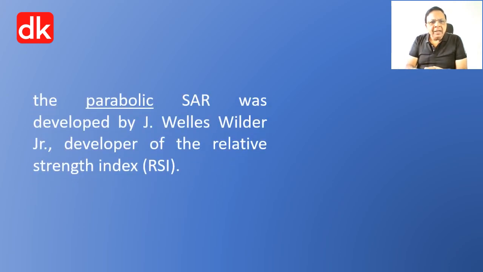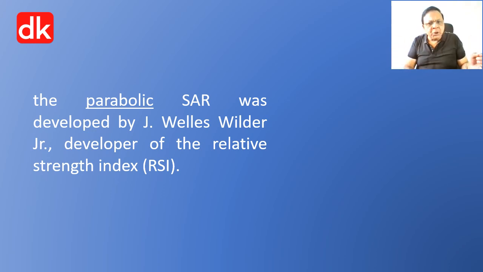So friends, are you aware who developed this particular indicator? I will give you a hint. The person who developed the RSI, Relative Strength Index, also developed this indicator. Do you remember? If not, I'll share it with you. The parabolic SAR was developed by J.W. Wilder Jr., who developed the Relative Strength Index, that is RSI.